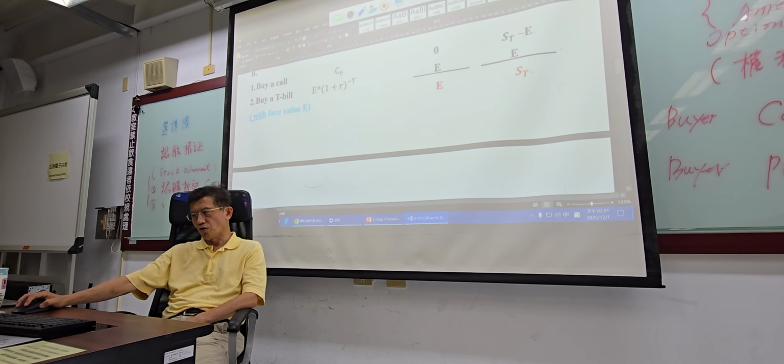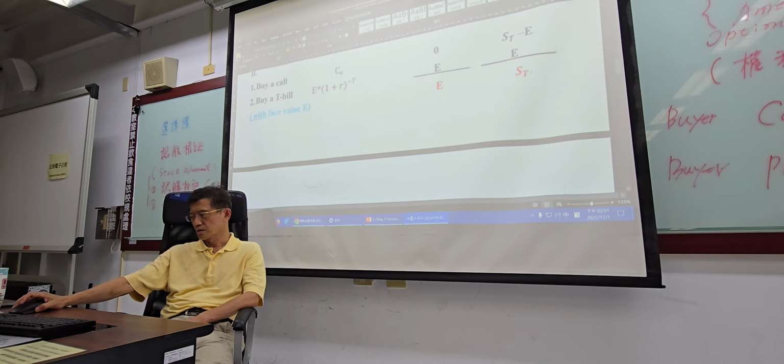So now we know the real concept of buying a treasury bill, T-bill here, for constructing portfolio B.